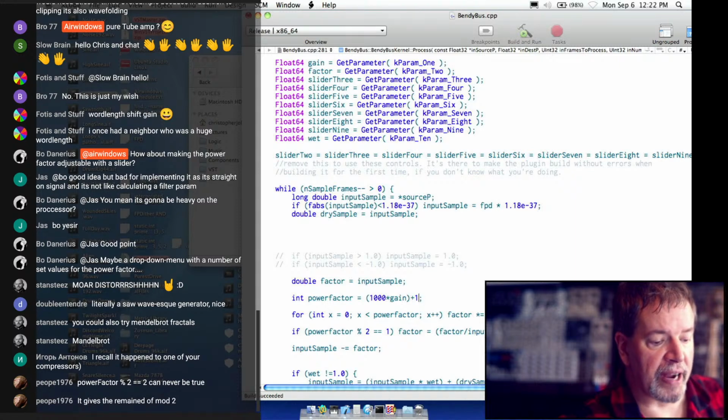Because I know if power factor is a literal 0, then this never happens, and input sample is just minus input sample, so it winds up being silence.